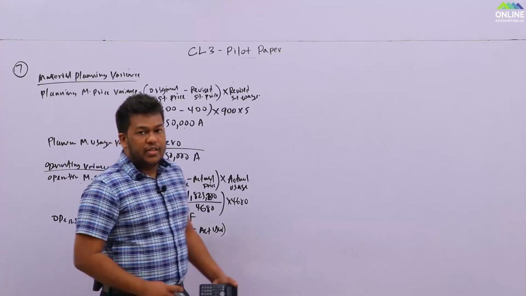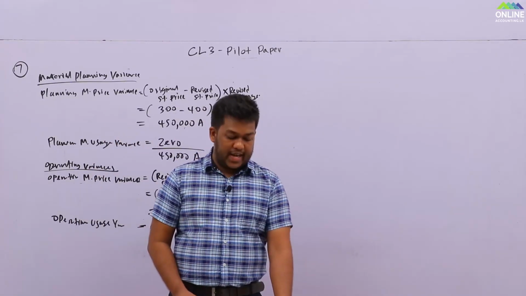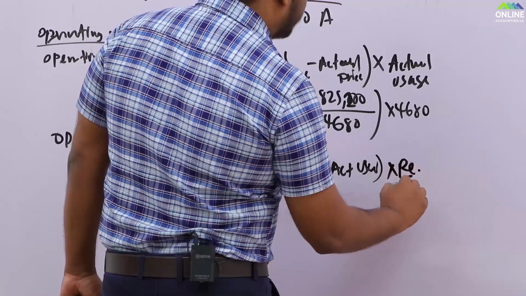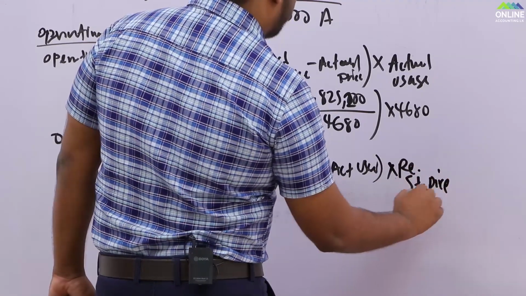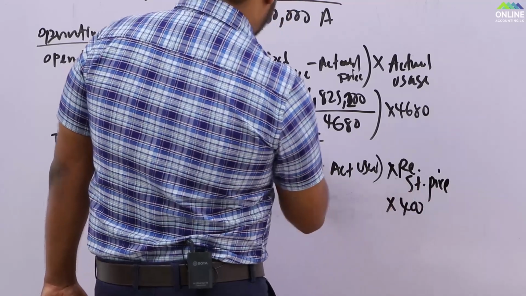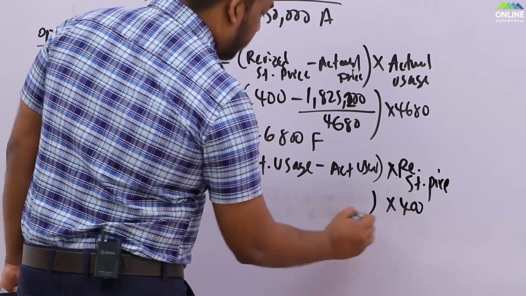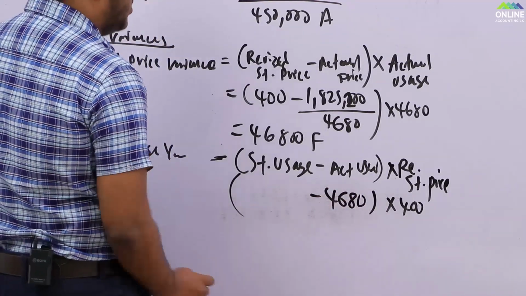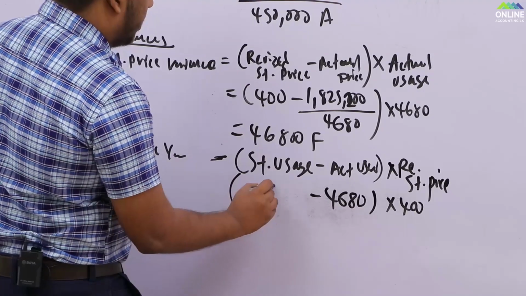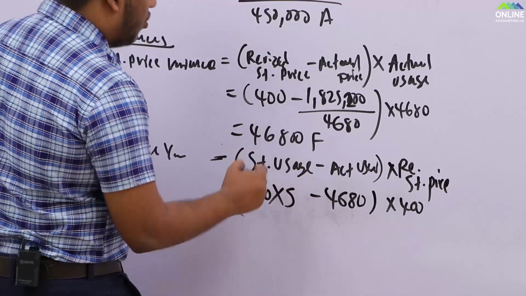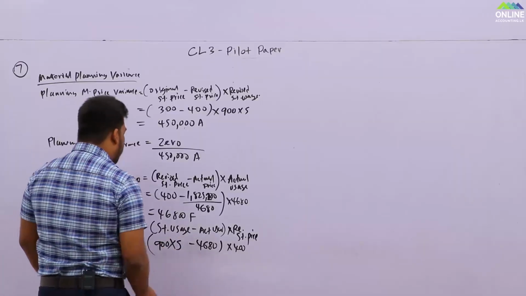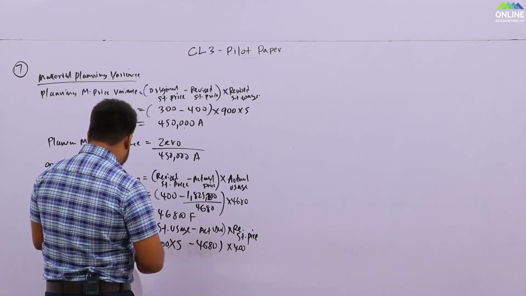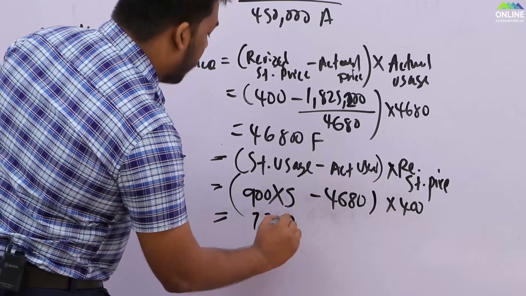The reason is you are not having a revised standard usage, and into this you have revised standard price. So revised standard price, you know, that is 400. Standard usage is how much? Actual usage, you know, 4680. If you are manufacturing 900, you have to use 5 kilograms per one. So this is 900 into 5, 4500 minus 4680 into 400, that is 72,000 adverse.